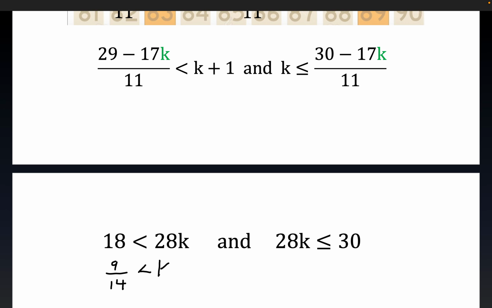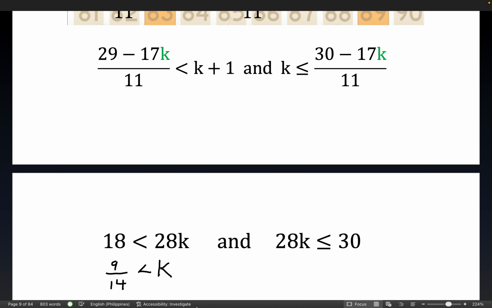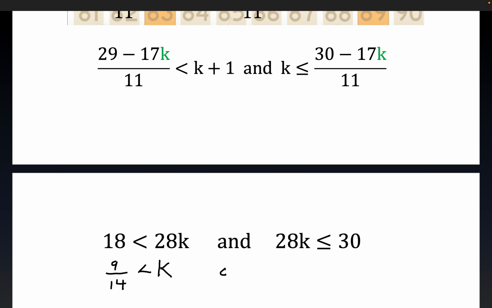Remember, k is an integer though. Now, over here we end up with, what do we have? k is less than a number that's bigger than 1, right? That would be 15 over 14. So we get k is less than or equal to 15 over 14.